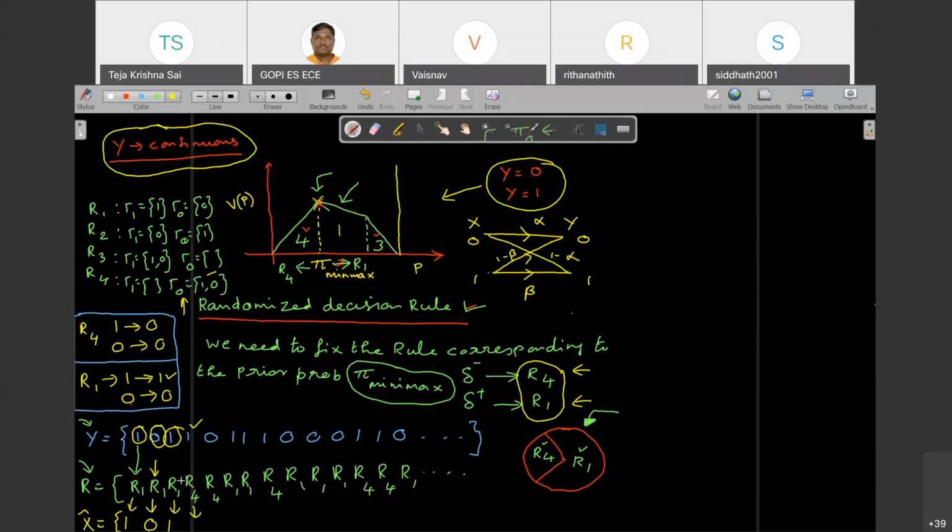As rule 4 is considered, when you receive 1, you are supposed to declare it as 0 here. You have to be careful. So when it is rule 4 again, and it is 0, you are going to declare it as 0 only.